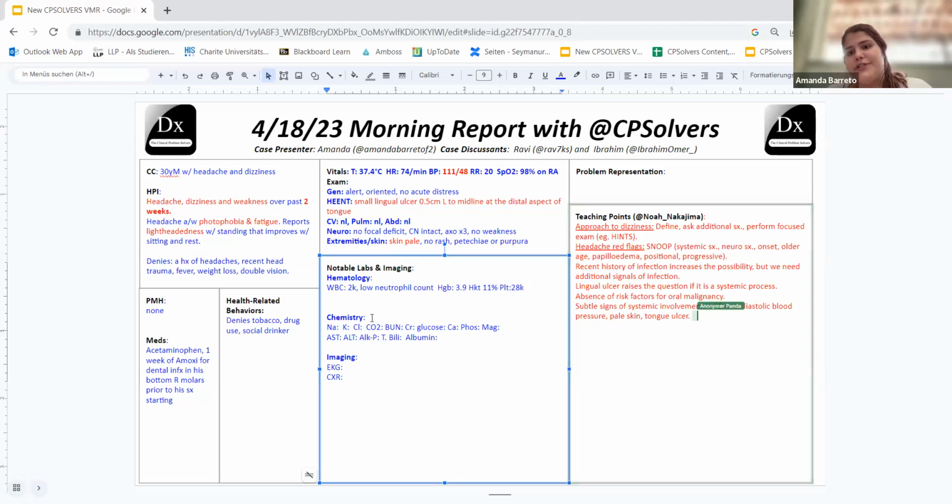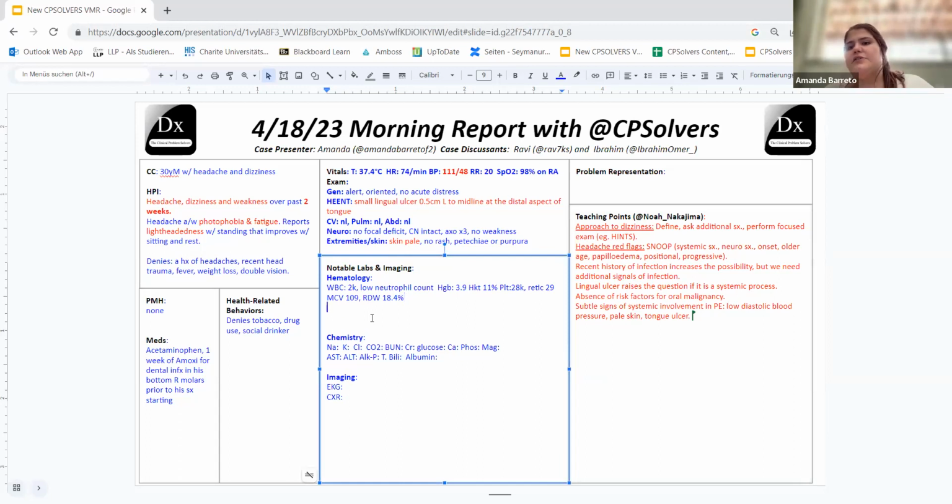Okay, reticulocyte count 29, MCV 109, RDW 18%, and 0 histiocytes, anisocytosis, poikilocytosis, teardrop cells, and helmet cells.